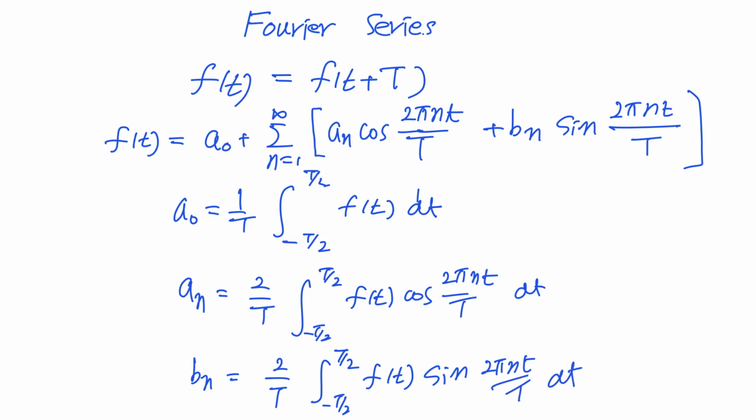So basically we need to calculate the two coefficients, an and bn. But we are usually quite lazy, so it would be nice to have a method with just one coefficient.